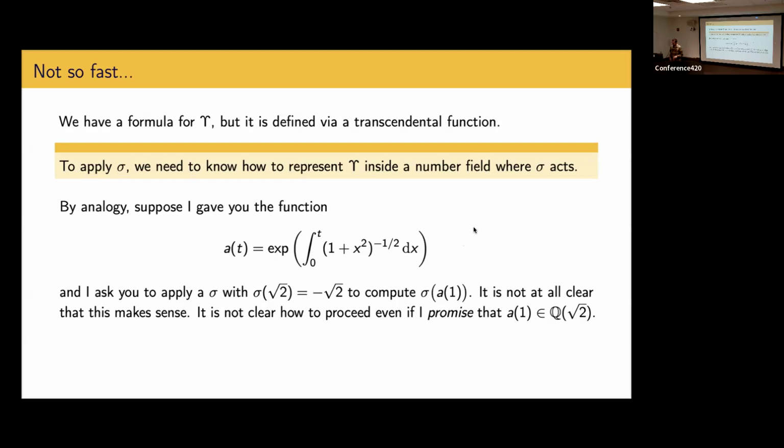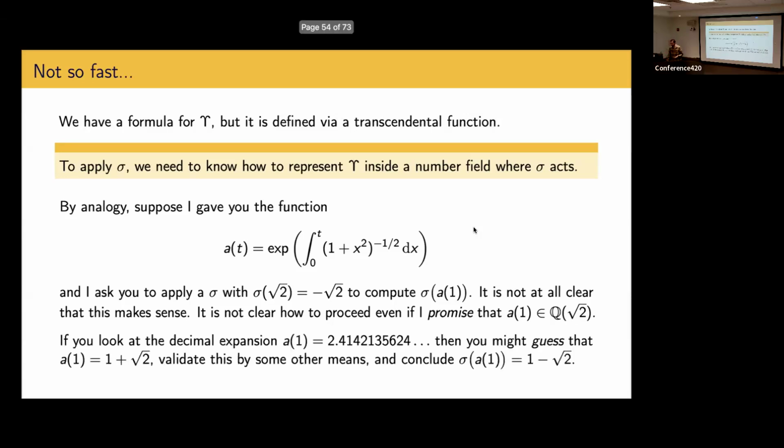So it's also not even clear, even if I were to promise you in advance that this thing has a representation over Q adjoin root 2, it's really not obvious how you would proceed. So does anybody know what the answer is? Unless you've just plugged it in, you probably can't guess.